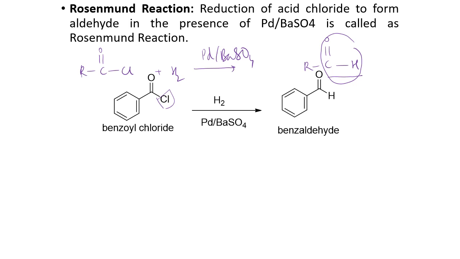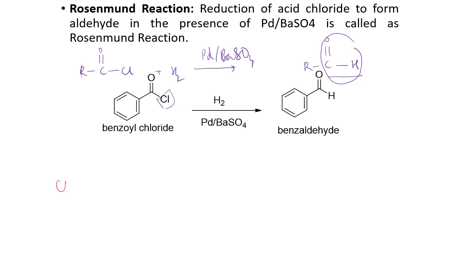So this is the fourth method for the preparation of aldehyde, that is the Rosenmund reaction. This method is only for preparation of aldehyde and not for ketones. So we can have different acid chlorides, and we can prepare corresponding aldehydes.